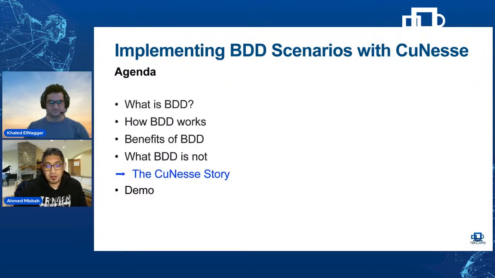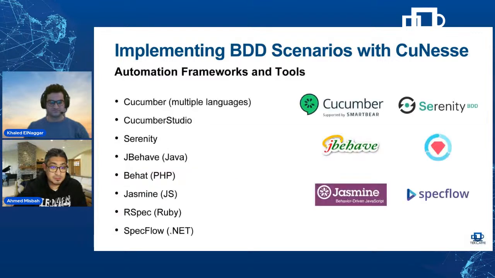Okay, let's talk about Cucumber. When it comes to automating the executable specifications, there are many tools and frameworks. Cucumber is a very popular framework, and it supports multiple programming languages.